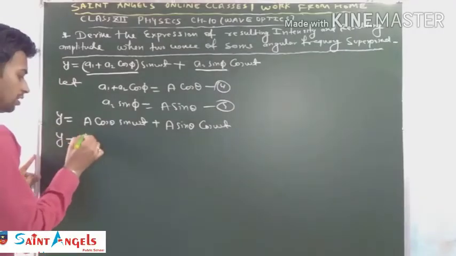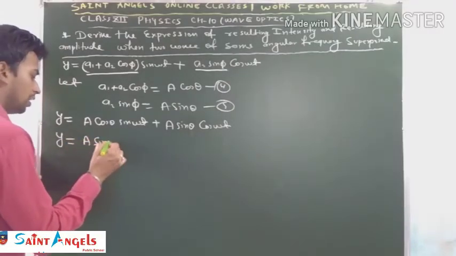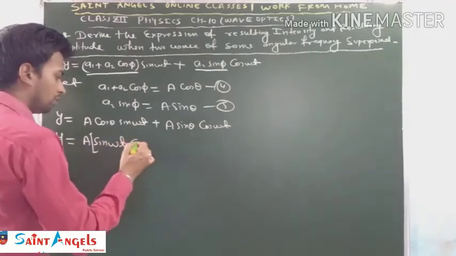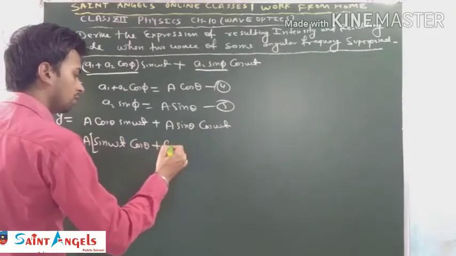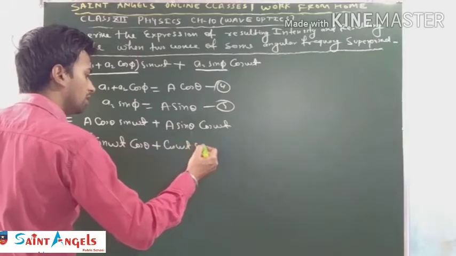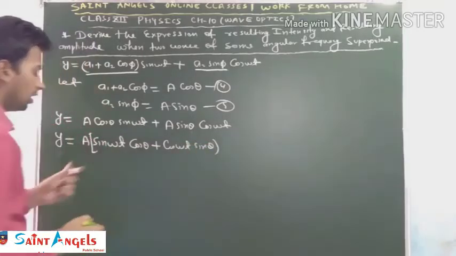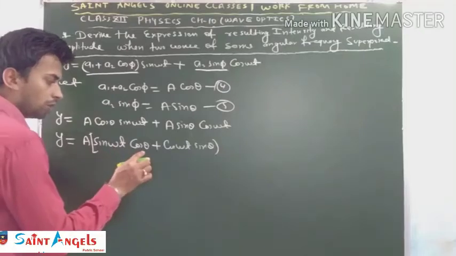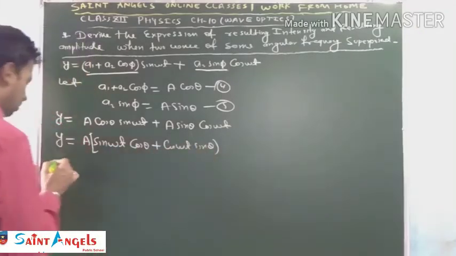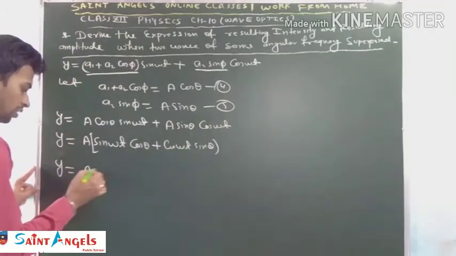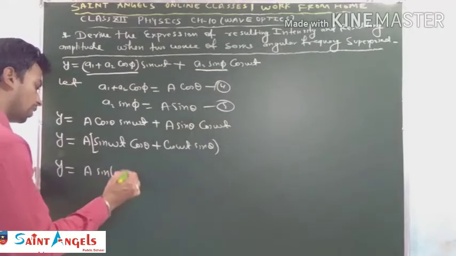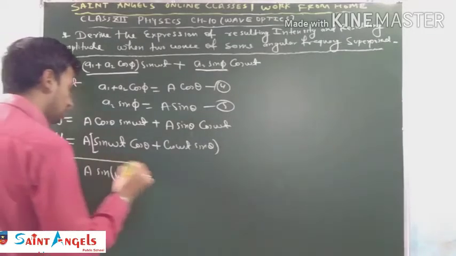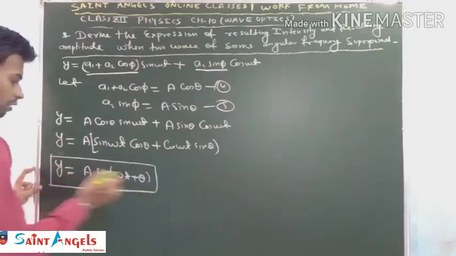We can write that a, taking a common, (sin omega t cos theta plus cos omega t sin theta). Student, it again forms the formula of sin (a plus b), sin a into cos b plus cos a into sin b. So we can write that a sin (omega t plus theta). It is the displacement equation of the resulting wave.